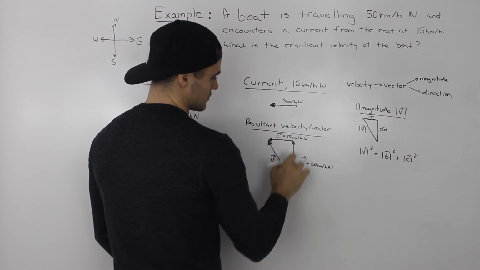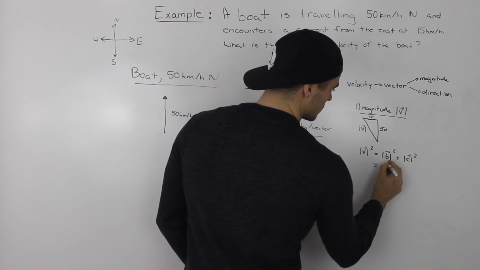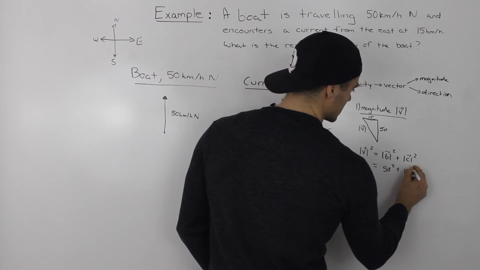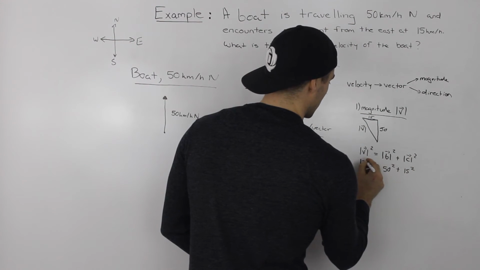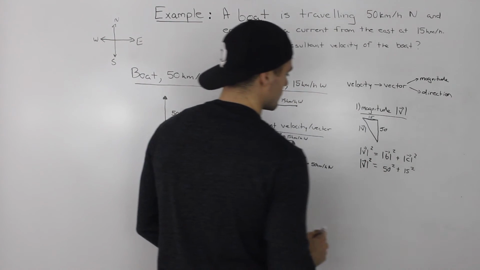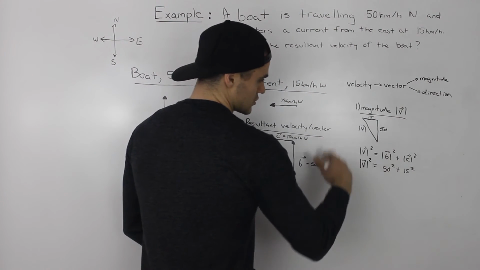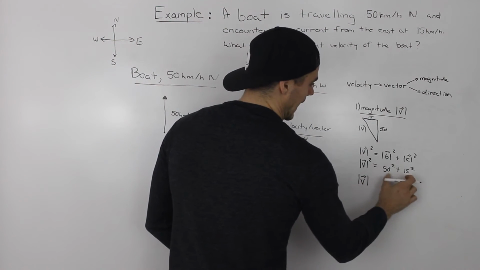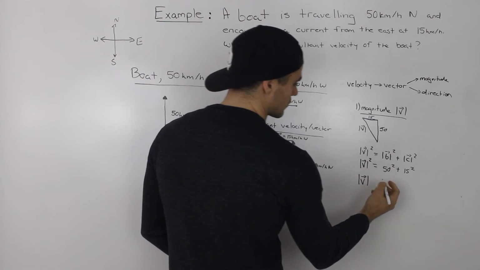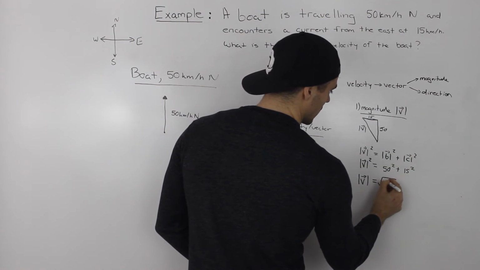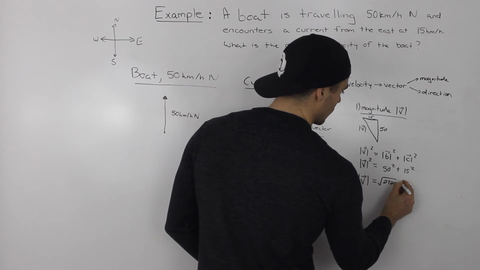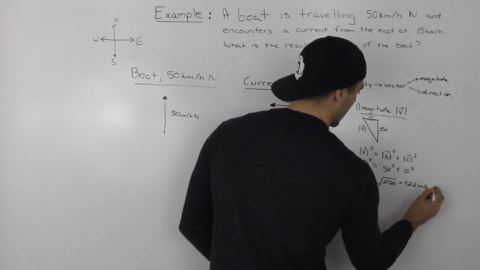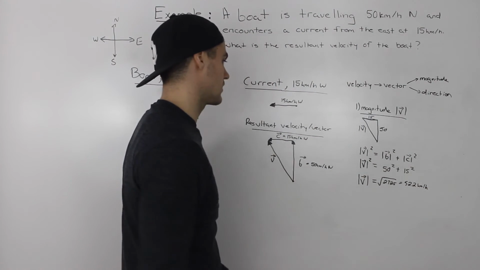The magnitude of the boat is 50 squared, the magnitude of the current is 15 squared, and we are solving for the magnitude of V squared. Once we add these two expressions and take the square root, we get the square root of 2725, or 52.2 kilometers per hour, in the calculator.